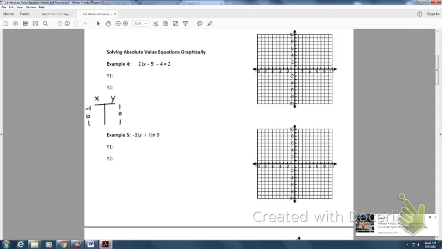But when we're solving it graphically, make sure you know how to find the solutions on the graph. The solutions are going to be where the two graphs cross.